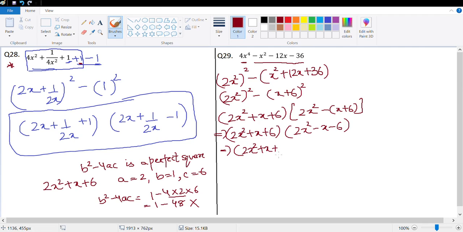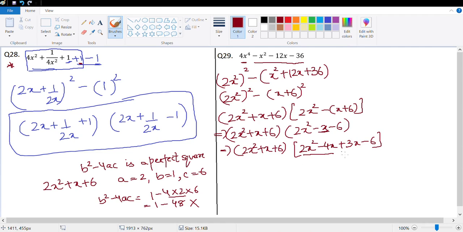Let's look at the second expression. I need to find factors of negative 12, the sum of which should be negative 1. Yeah, we've done this enough number of times. That's negative 4 and positive 3. So 2x squared minus 4x plus 3x minus 6. All I have done is I have broken up negative x as negative 4x plus 3x.